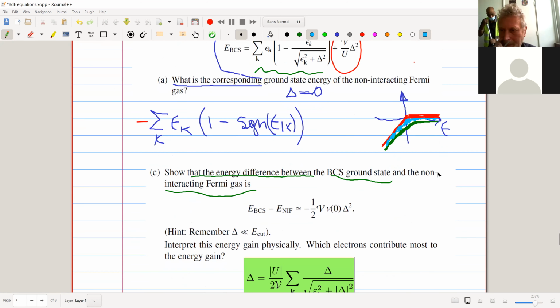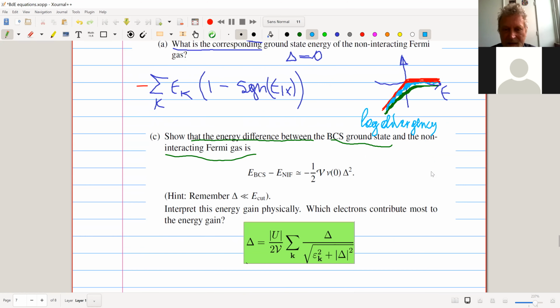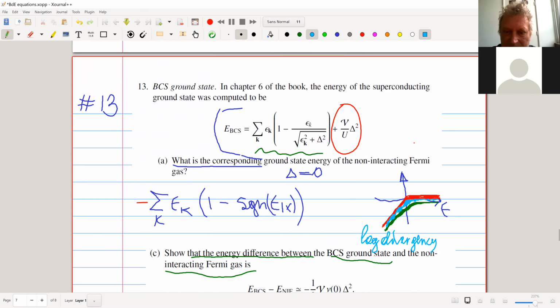Fine. But there's a problem. This integral has a log divergence. Formally, it is infinite. So one can get a little bit desperate at this point, but the point is that there is another term like this, and that has to be taken into account as well.